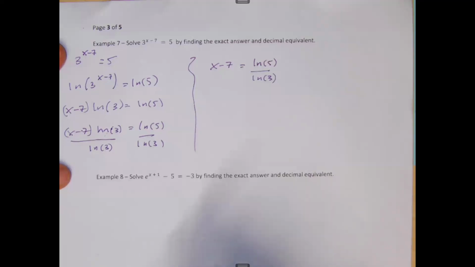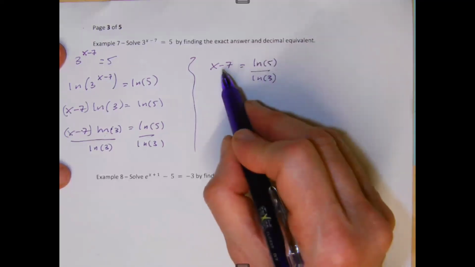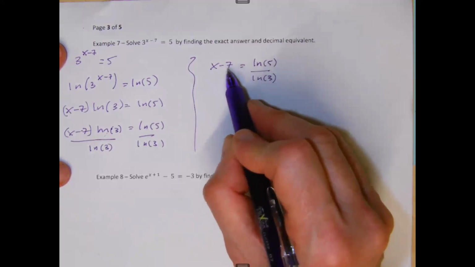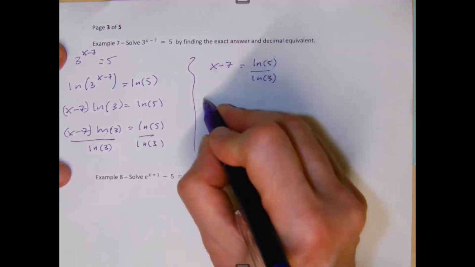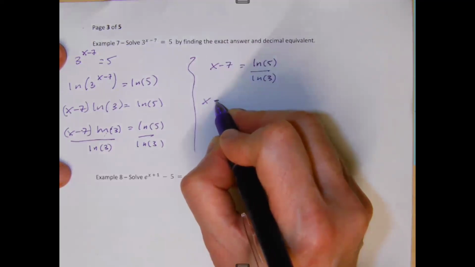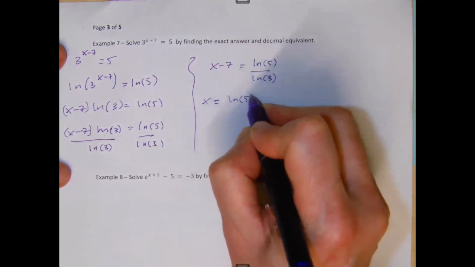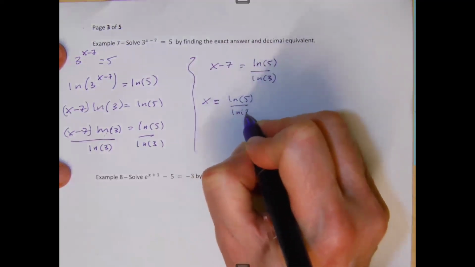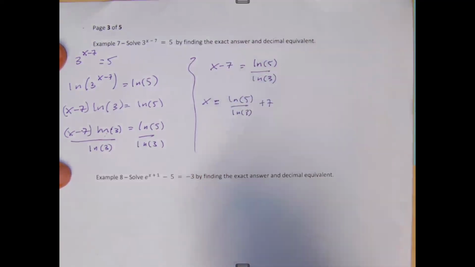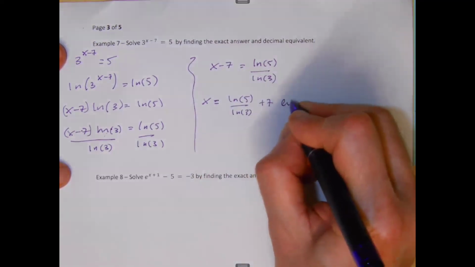And now I'm almost done. Before, we would have been done. What's the only difference? Well, I haven't solved for x. I need to add 7 to both sides. So when I add 7 to both sides, I get this, and this is my exact answer.